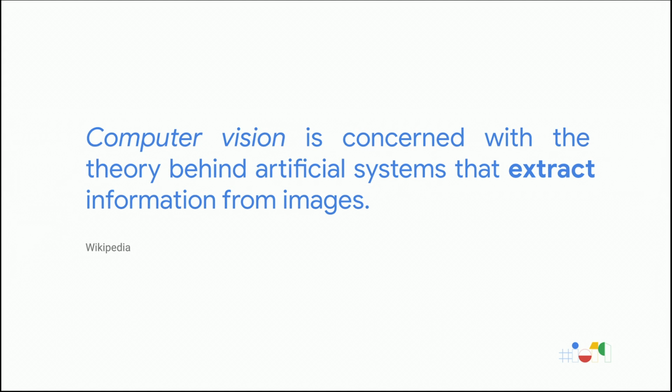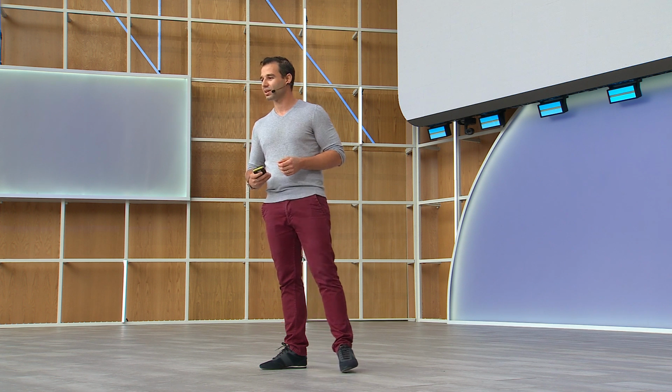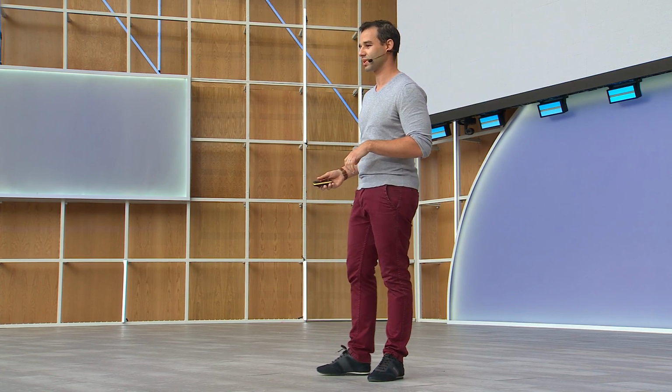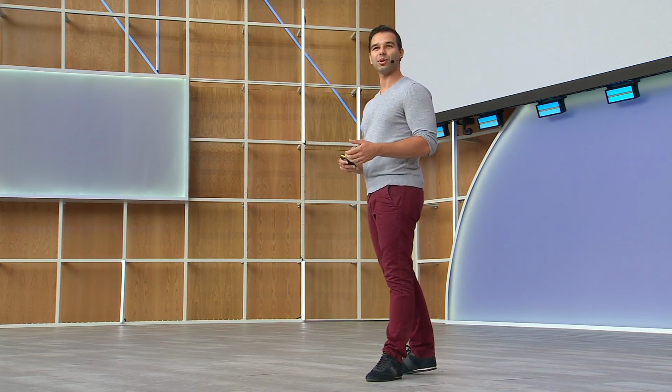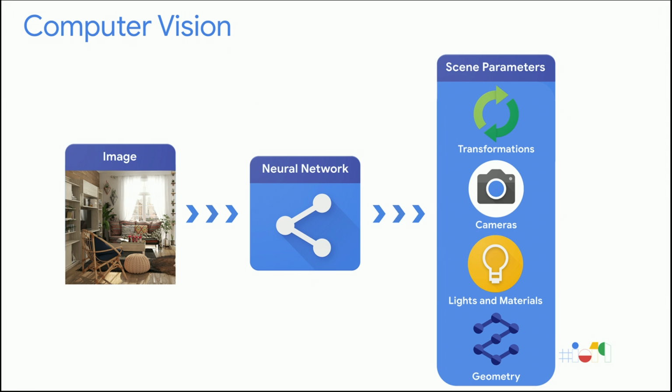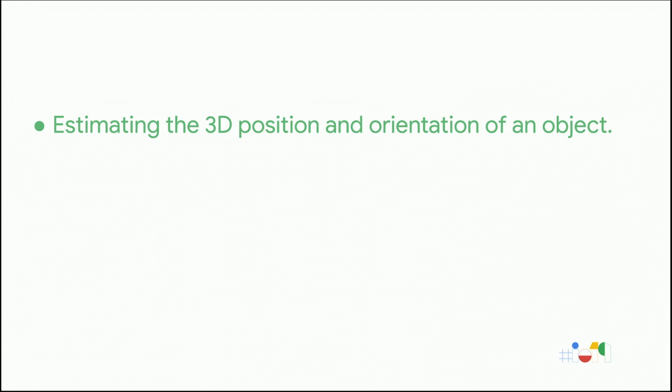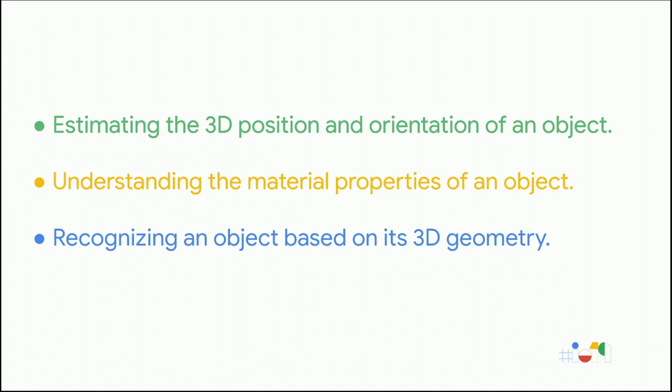Now, in comparison to computer graphics, computer vision is concerned with the theory behind artificial systems that extract information from images. So we can see computer vision and computer graphics as a duality. A computer vision system would start from an image and try to automatically extract a scene description, estimating the three-dimensional position and orientation of objects, understanding their material properties, or just recognizing these objects based on their 3D geometry.